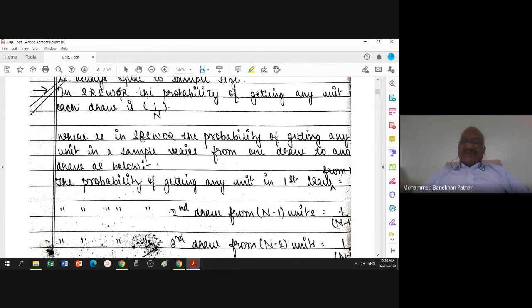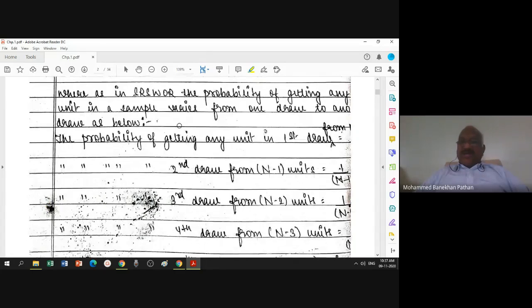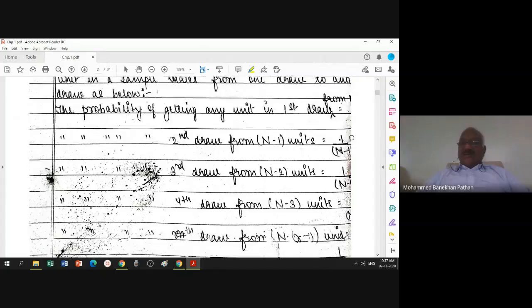Whereas in without replacement, the probability of getting any unit in a sample varies from one draw to another draw. This is under with replacement. If I speak for without replacement, the first draw probability is 1 by N, which is not coming here. You can make the change in the notes. For the second draw, 1 upon N minus 1.